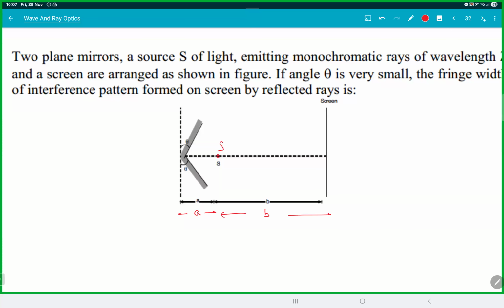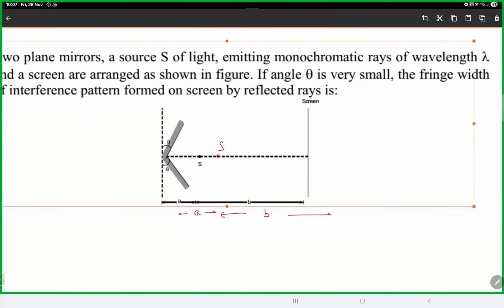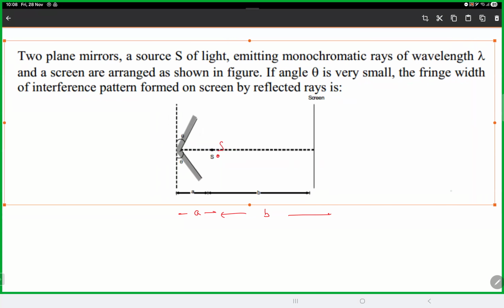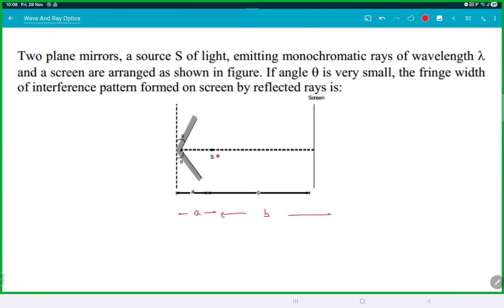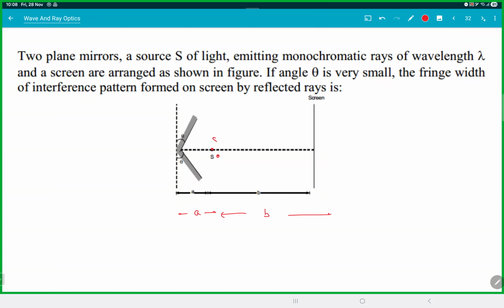The angle theta is small. Find the fringe width. Just get me the main equations. And remember, in YDSE, somehow you have to create two sources. So there are two reflections.